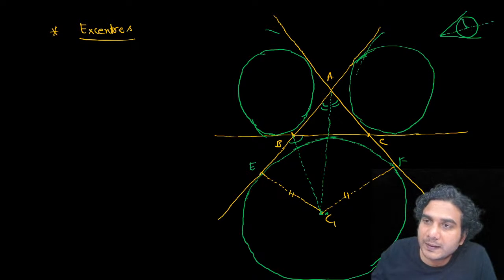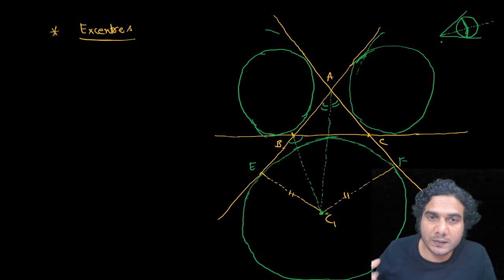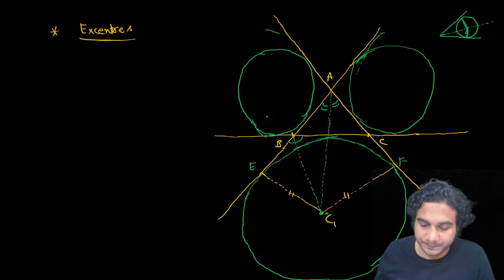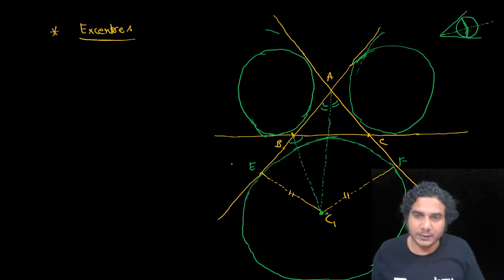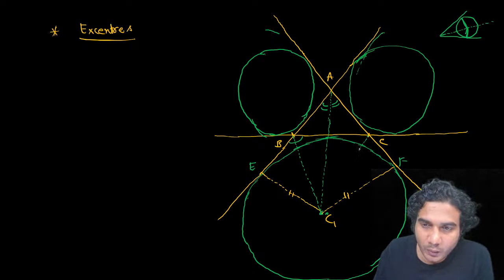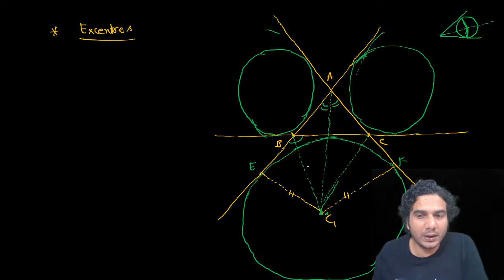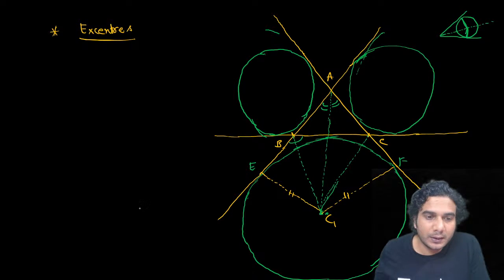Because these two distances will be equal, right? Radius, radius. Okay, so a point which is equidistant from two lines lies on the angle bisector of those two lines. So because of that we can say these three angle bisectors, two external angle bisectors, external angles B and C, and one internal angle bisector A, they all will meet at this point C1, and this will be the center.